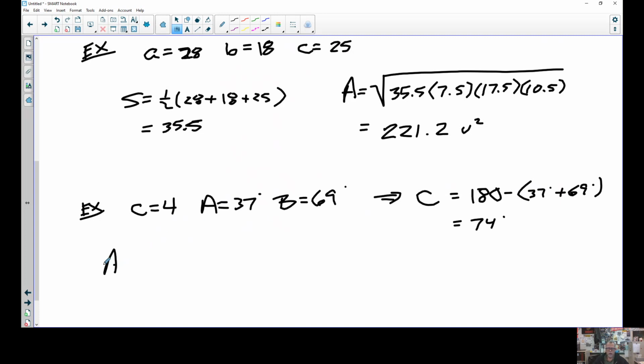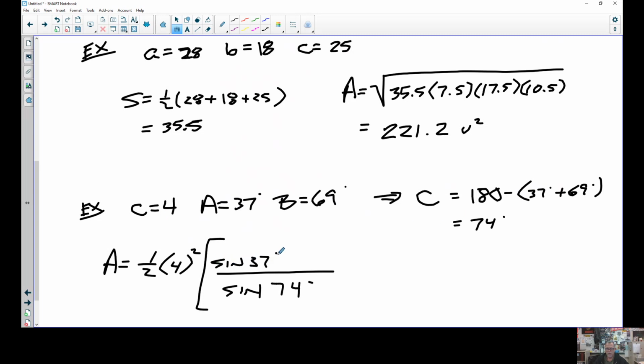We can use area equal to 1/2 times that side squared times this thing where I put the sine of, well, C was our side, so I want sine of 74 degrees on the bottom. On top, I'll have sine 37 degrees and sine of 69 degrees.